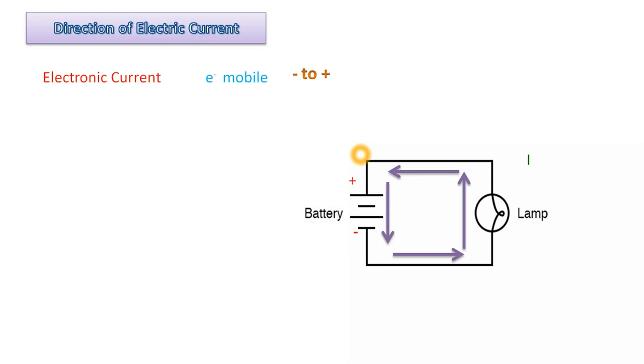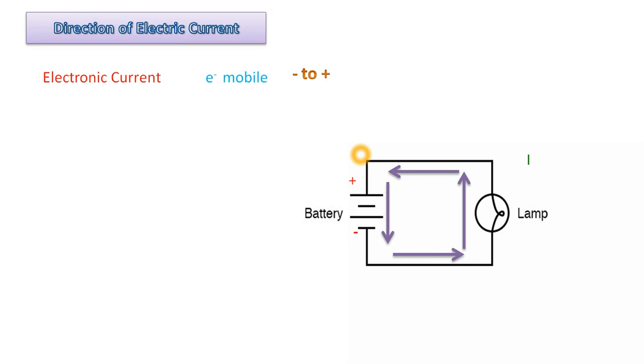So that is why the current was termed as electronic current, because here it was considered that electrons, being mobile, are the charge carriers. However, it's not necessary that in all objects electrons act as charge carriers. In many other circuits, even positively charged particles act as charge carriers.